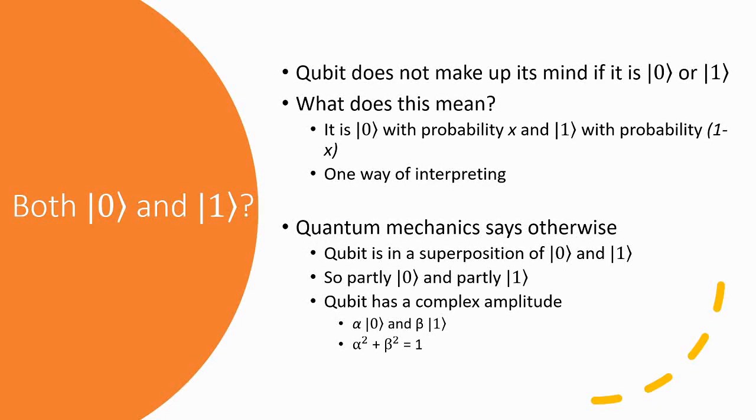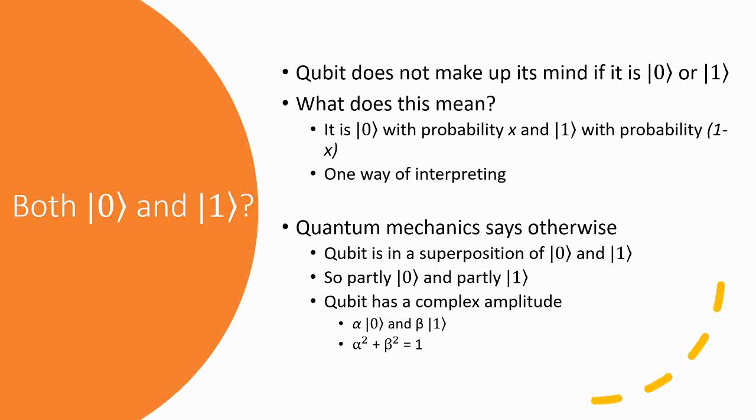So what do I mean by saying both 0 and 1? It basically means that the qubit does not make up its mind if it is 0 or 1. One way of interpreting this is saying with probability. We can say that the qubit will be 0 with probability say x, say 1 by 3.